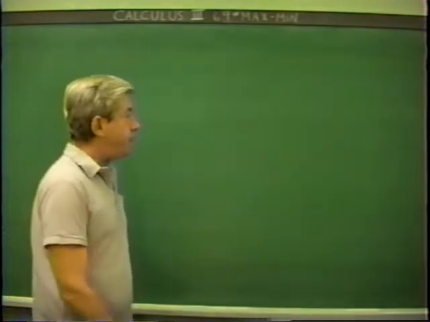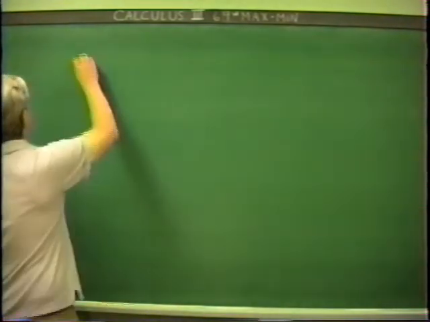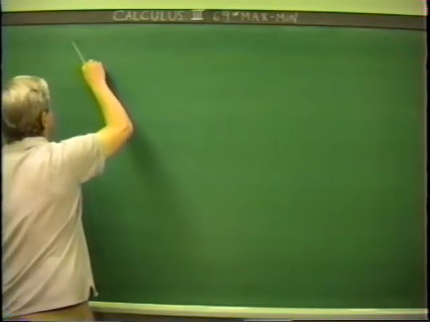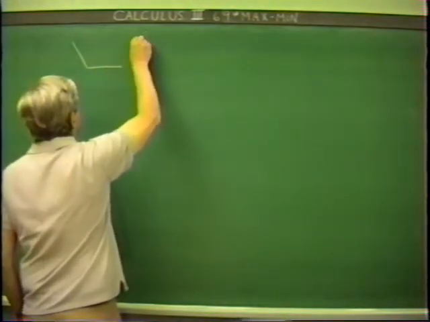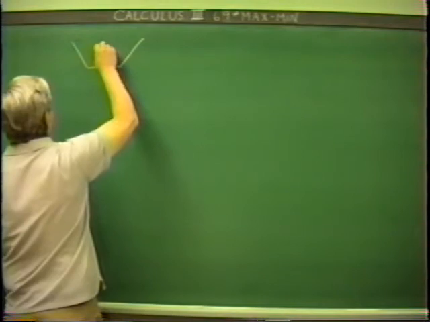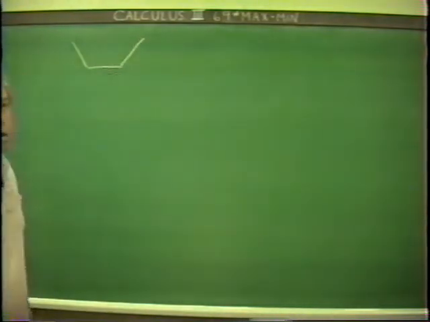I'm going to take a look at another maximization problem. In this case, let's imagine a piece of sheet metal is to be made into a gutter by making 2 folds of it. And the gutter is supposed to be in the form of a trapezoid, like so.